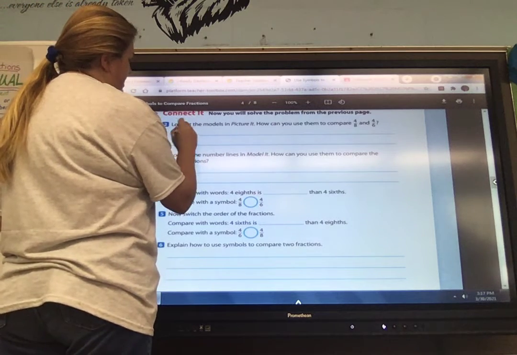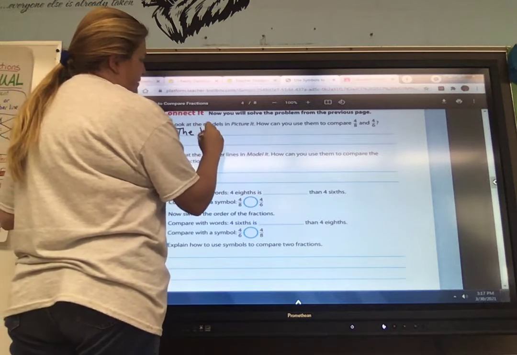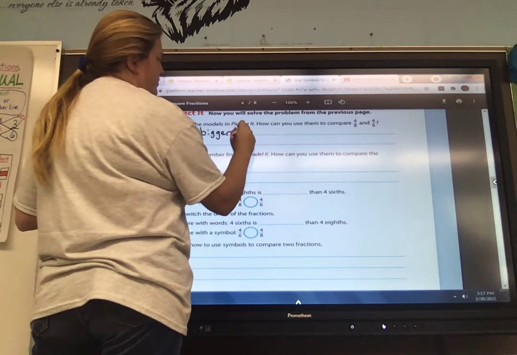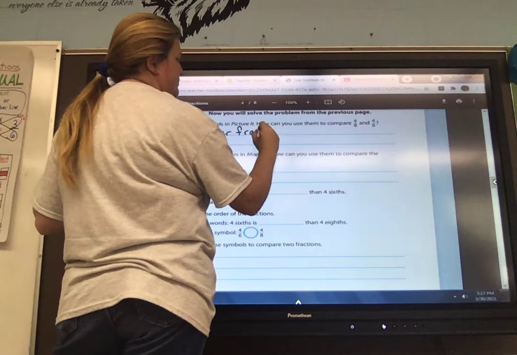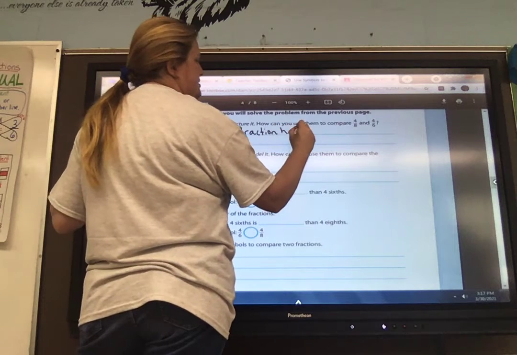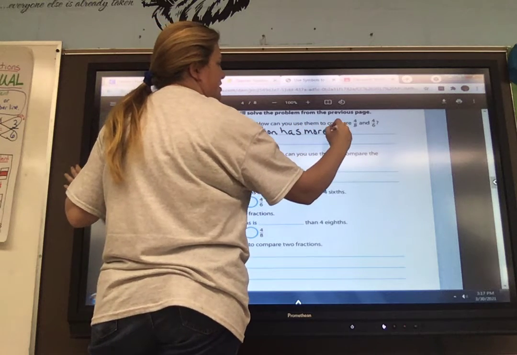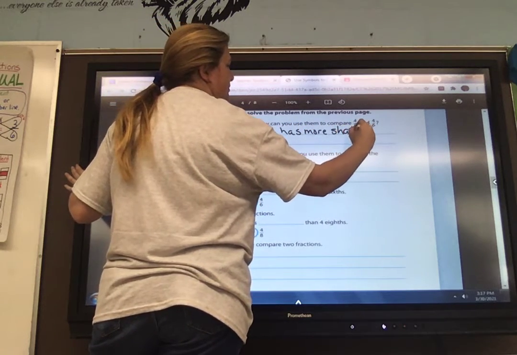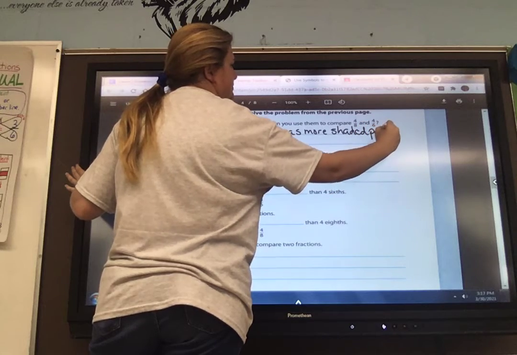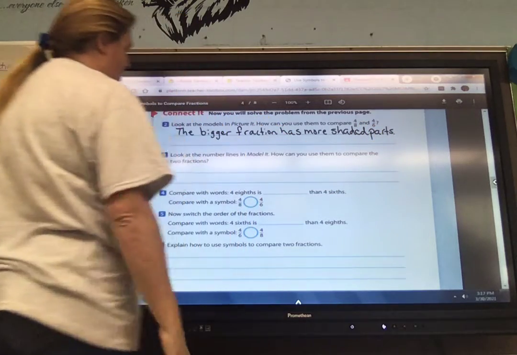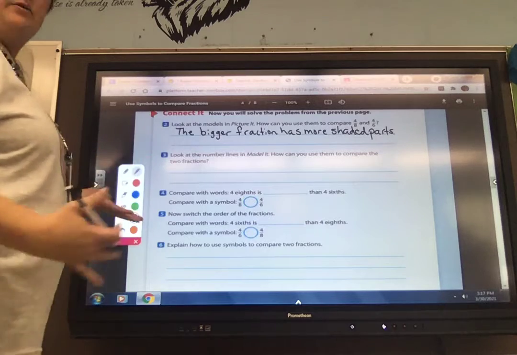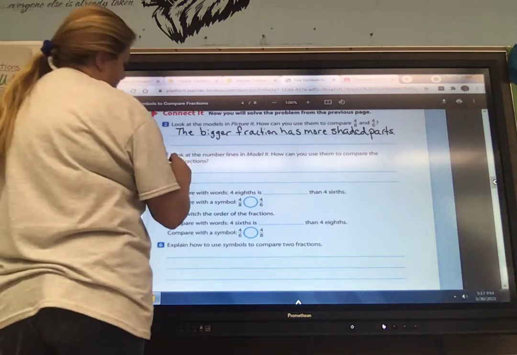So we can just say the bigger fraction has more shaded parts. Something like that. Number lines, how do we use number lines?